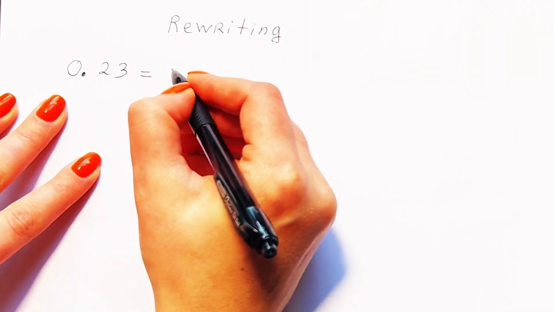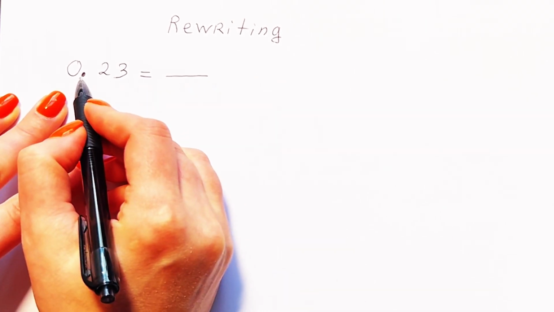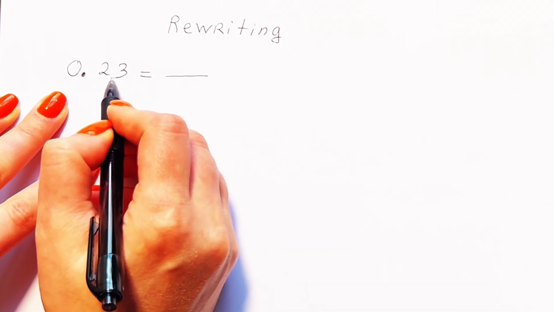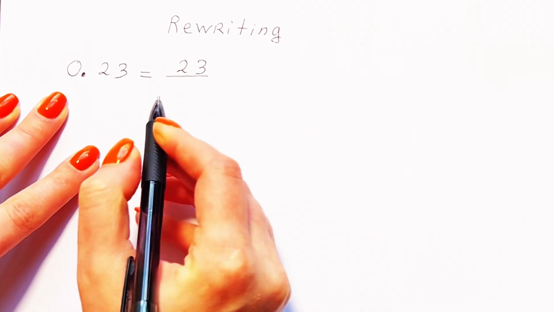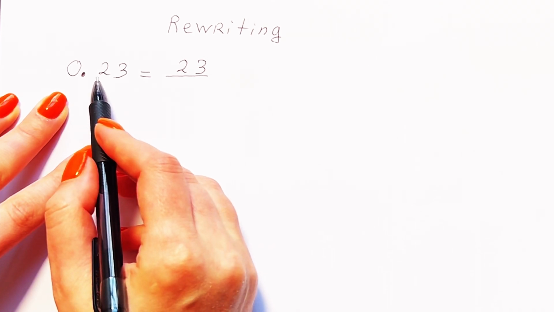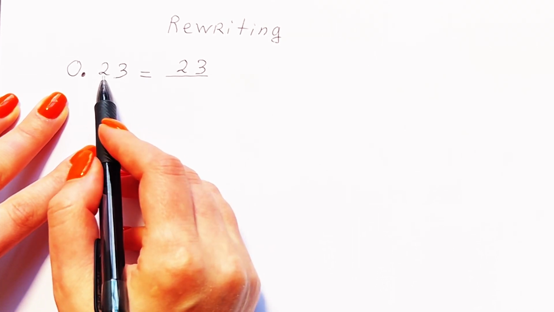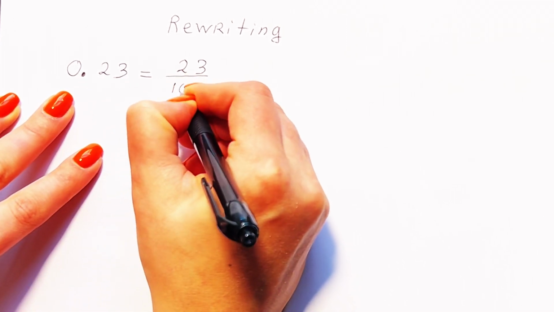The proper fraction has a numerator and denominator. After the decimal point, whatever number I have goes to the numerator. The denominator is gonna have that many zeros, how many numbers I have after the decimal point. I have 2 digits, I'm gonna have 2 zeros.